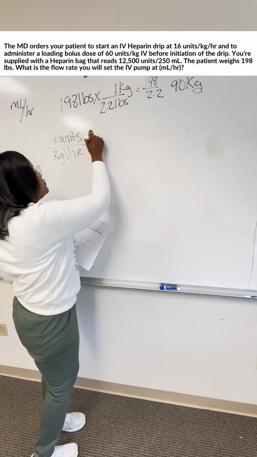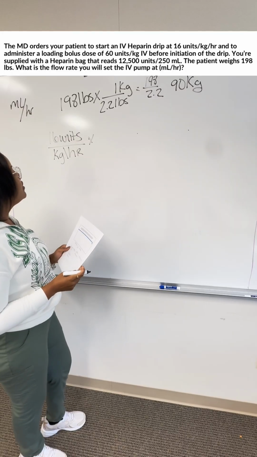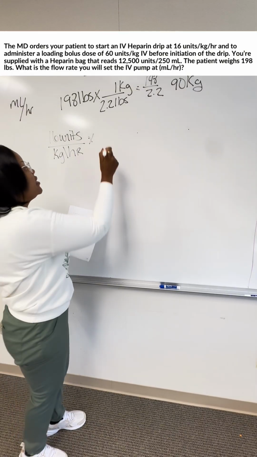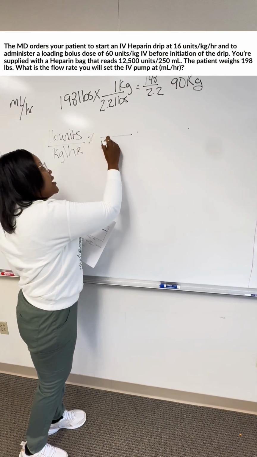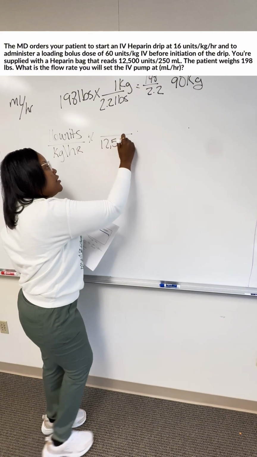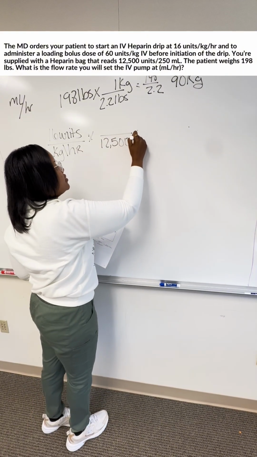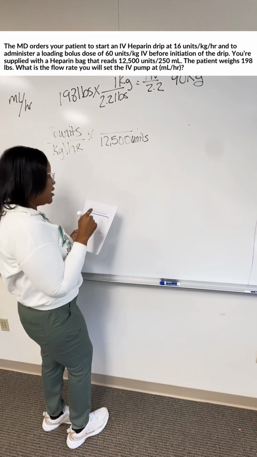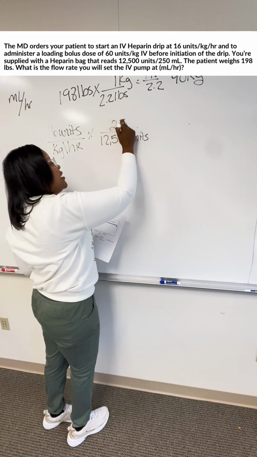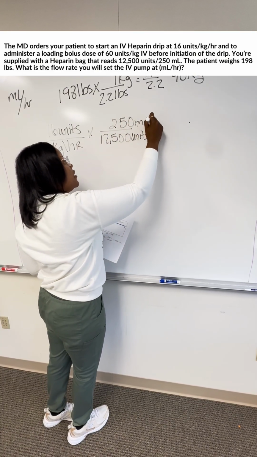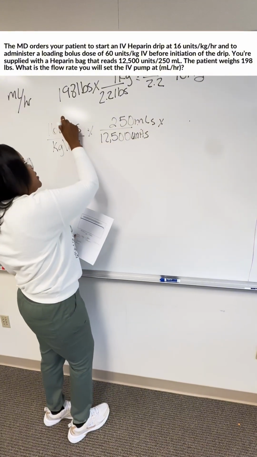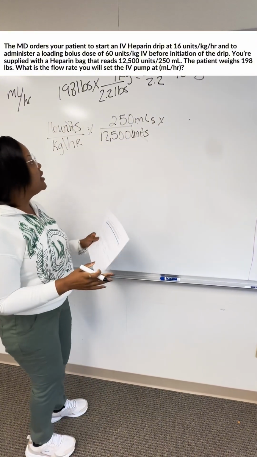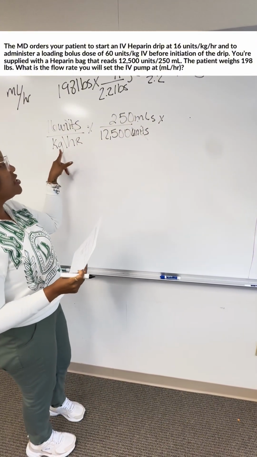So first, let's cancel out our units. So there is 12,500 units, and it's per what? 250 mLs. All right, so units cancel out, and we're left with mLs, kgs per hour.